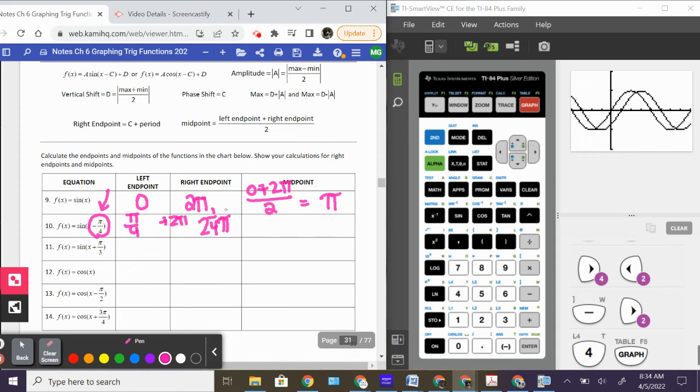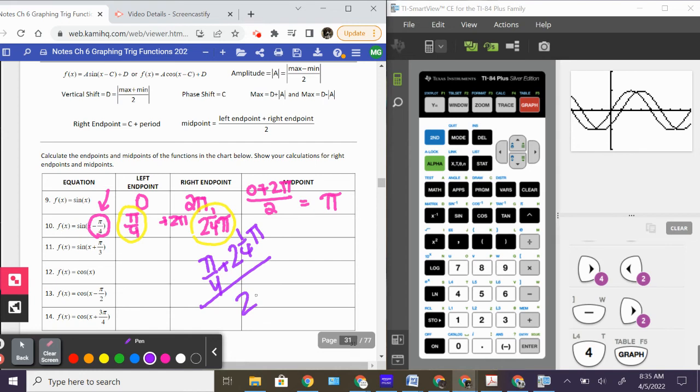So in order to find the midpoint, now we're going to have to average the left endpoint and the right endpoint, and find out what's right smack in the middle of those two. I'm going to have to write big here. So it's going to be pi over 4 plus 2 1/4 pi, all divided by 2.